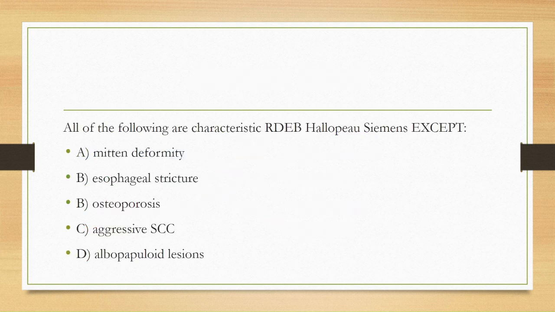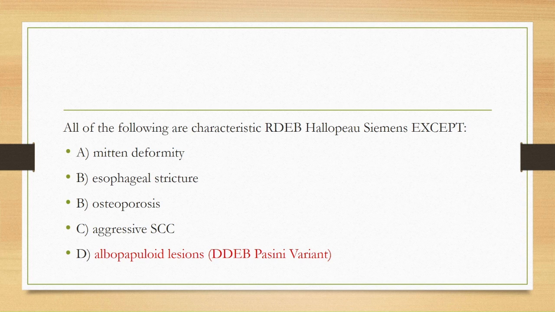All the following are characteristics of the recessive dystrophic EB Hallopeau-Siemens except, what do you think? Good job. And we didn't go into these in detail. We did go over aggressive SCC. We did go over mitten deformity.